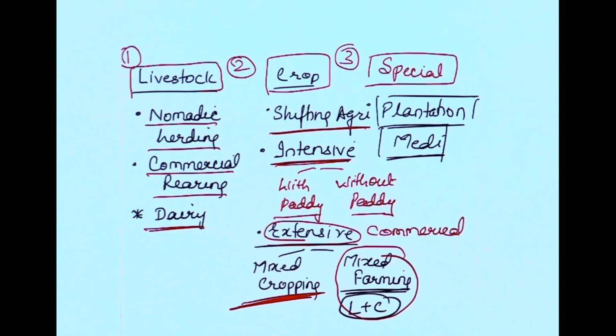It also includes crop culture, that can be shifting, intensive agriculture, you can call it non-primitive, and extensive commercial agriculture, which is actually talking about both mixed cropping and mixed farming. And the specialized types of agriculture are plantation and Mediterranean agriculture. Mediterranean agriculture cannot be made complete without mentioning horticulture.